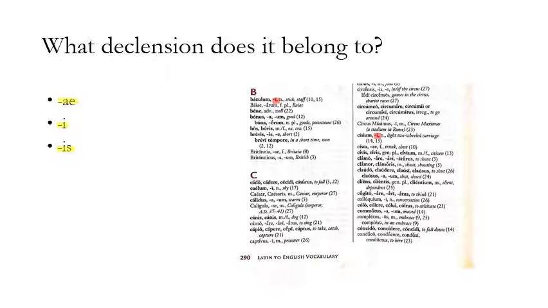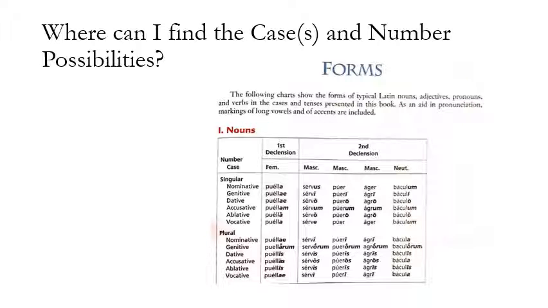So now we know the declension for both cisium and baculum is second. We also know the gender is neuter. So the next question is, where do I find the possible cases and the number? The answer to that is in your textbook. In the back of your textbook, you have helpful charts so you don't have to commit everything to memory.